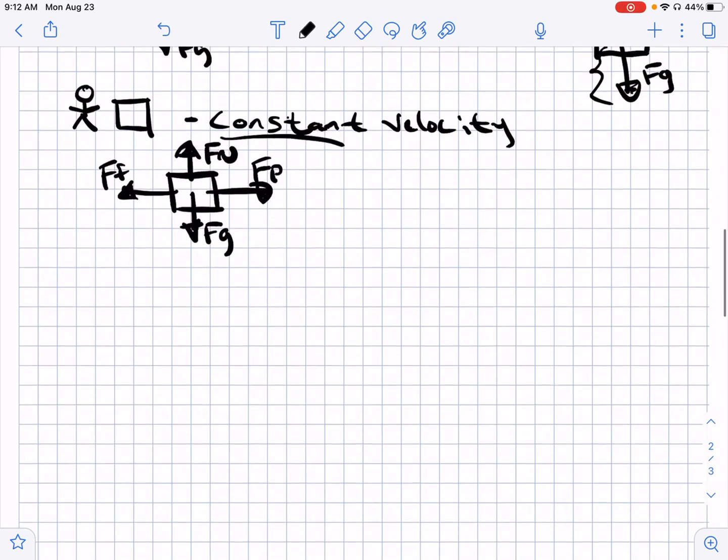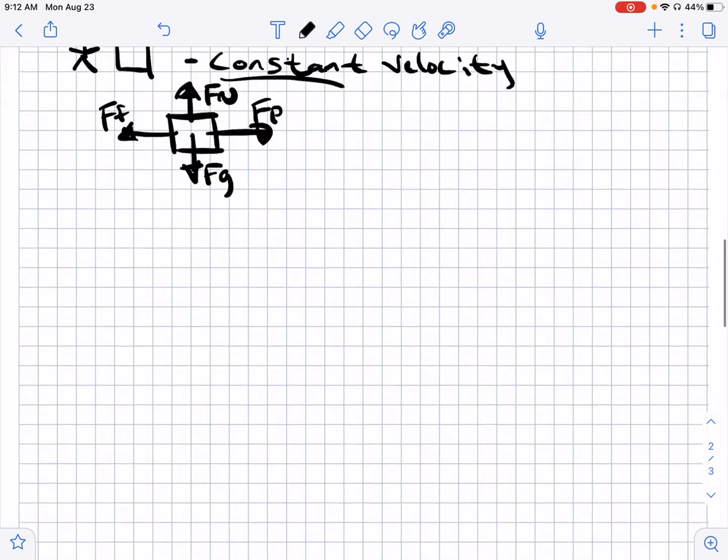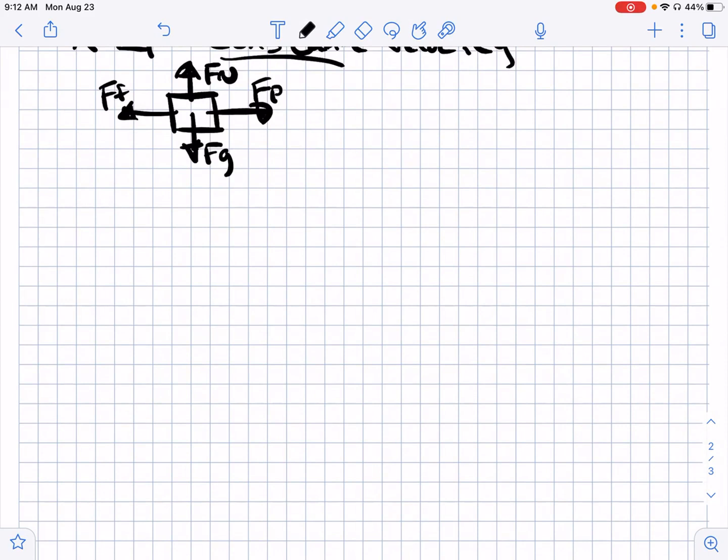All right, so that's how we make the free body diagrams. The next step in solving a problem dealing with forces is to make a net force equation. And when we make a net force equation, we have to keep our y direction separate from our x direction.